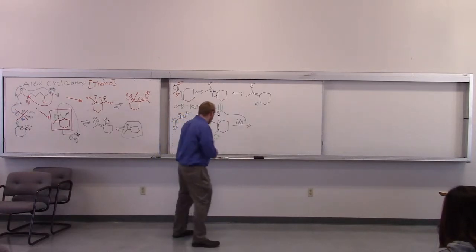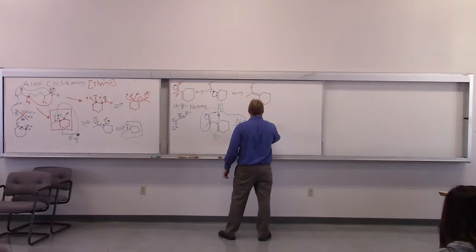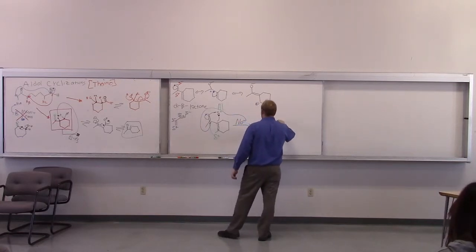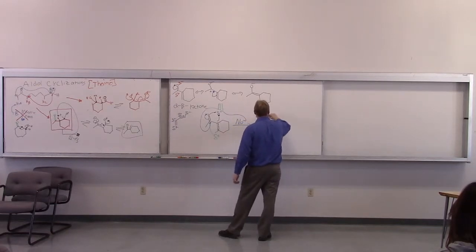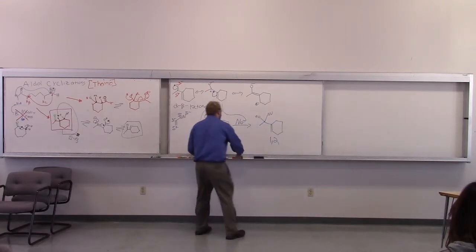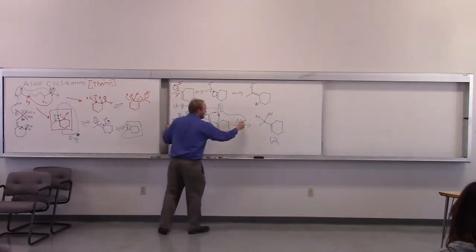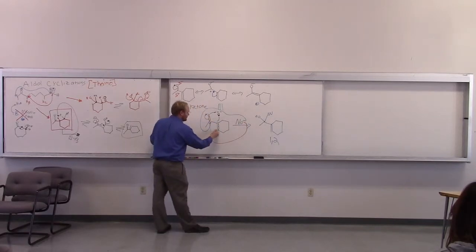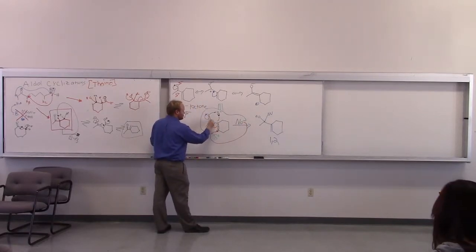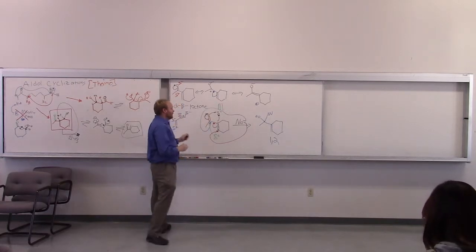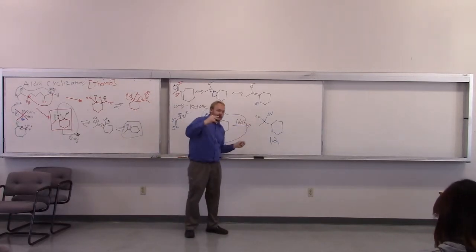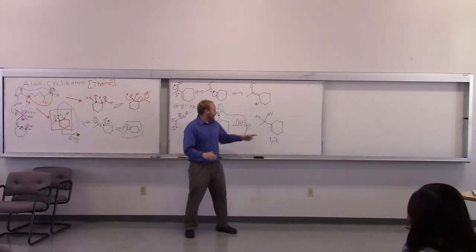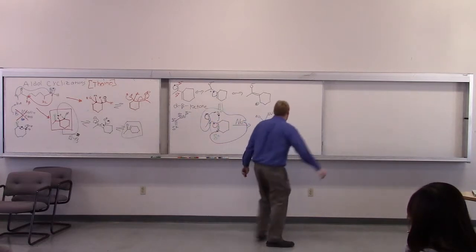You can add 1,2, to give you a product like this. Or the nucleophile can add 1,4 at the beta carbon. So 1,2 at the carbonyl because it's across 2 atoms, and 1,4 adding here because it's across 4 atoms.